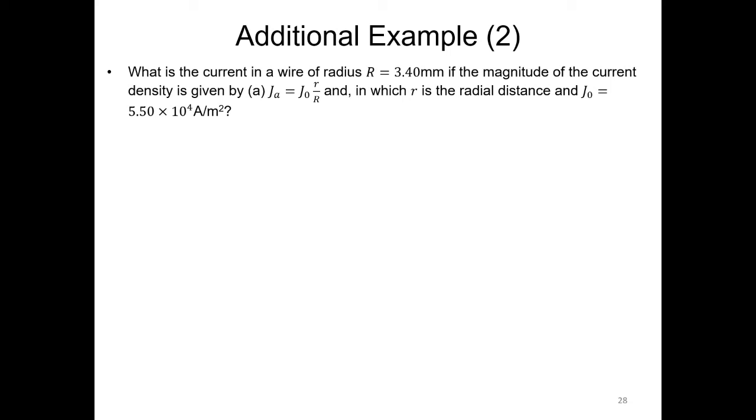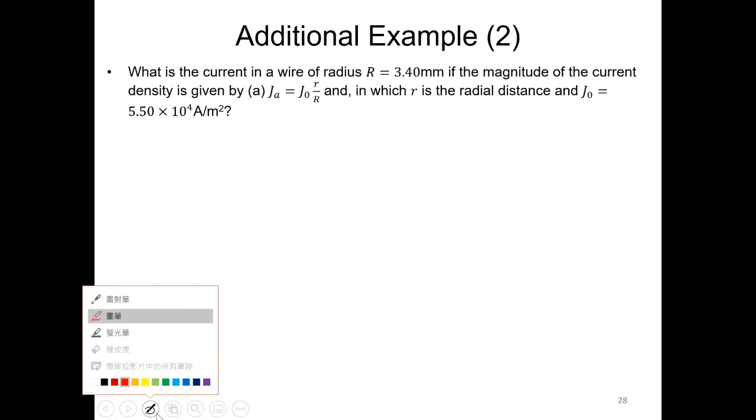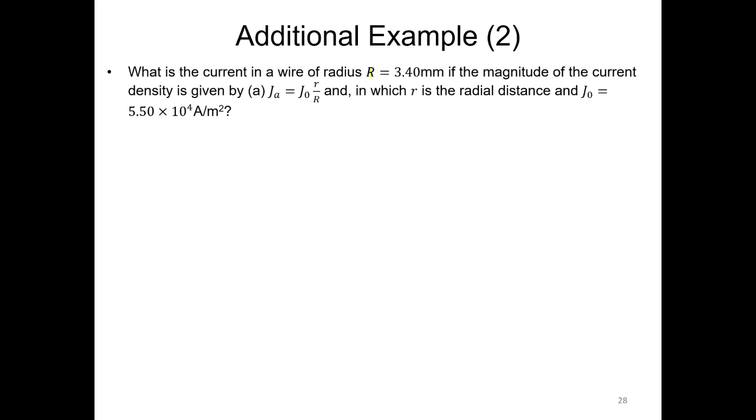So here's another sample problem. What is the current in a wire of radius R equals 3.4 millimeter if the magnitude of the current density is given by this one, in which r is the radial distance, J0 r over R, like this.